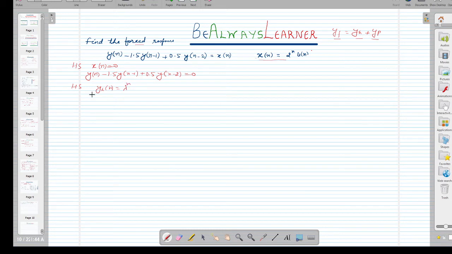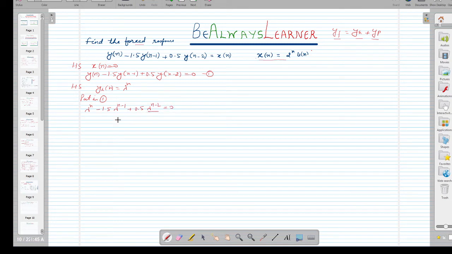Now we can put this value of y into the above equation 1. The resultant polynomial will be lambda^n - 1.5 lambda^(n-1) + 0.5 lambda^(n-2) = 0.